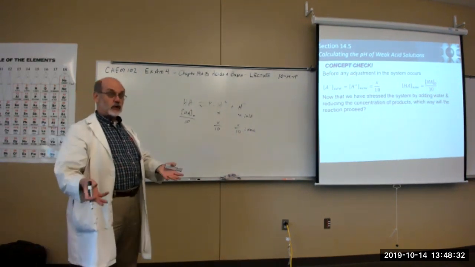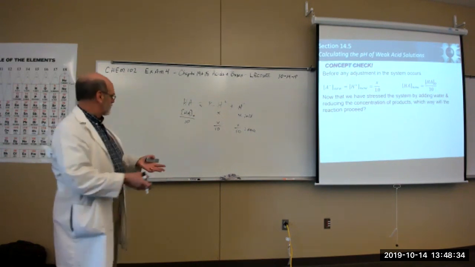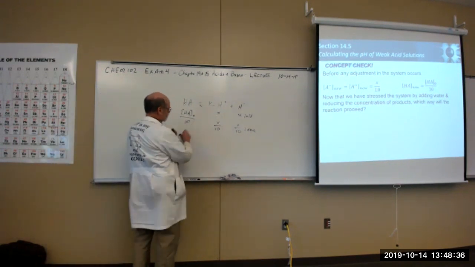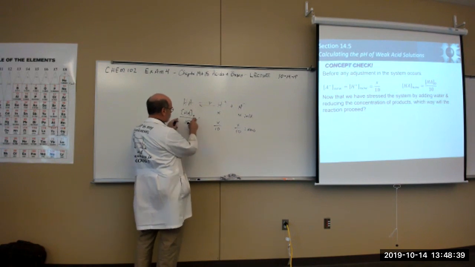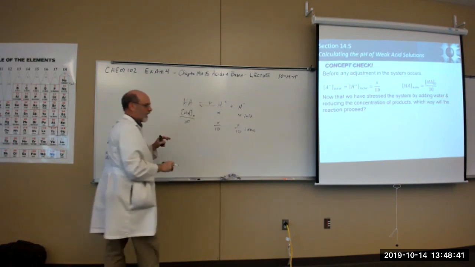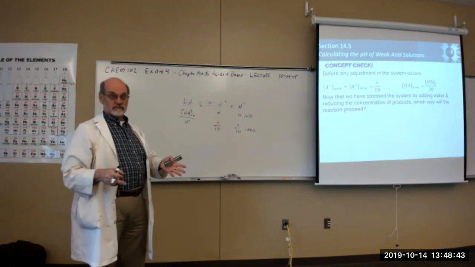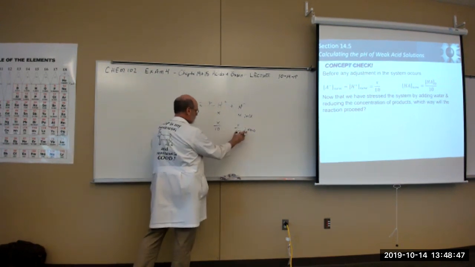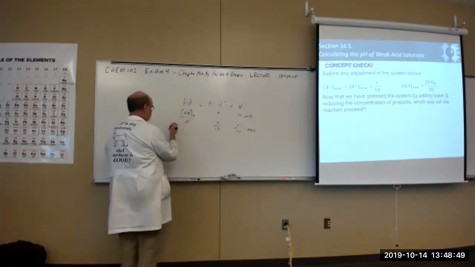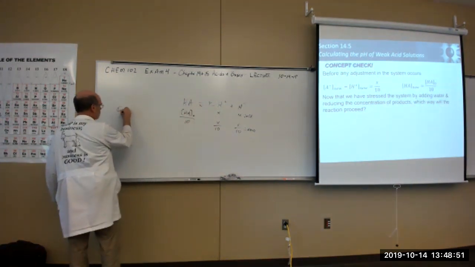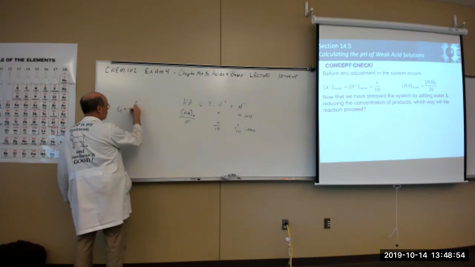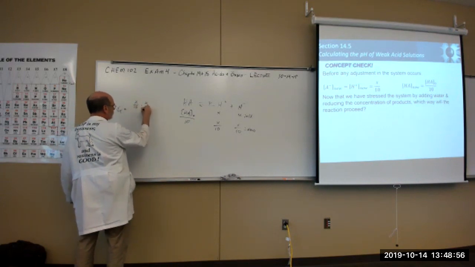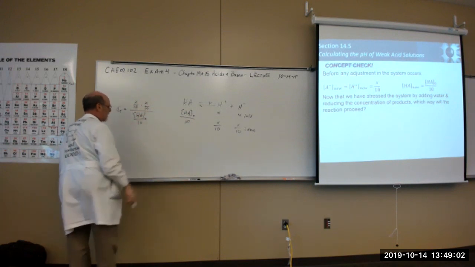We have to calculate Q. So if these are the new starting positions, right? Q doesn't have to be equilibrium, right? These are the new values. So it's going to be this one times that one divided by this one. Like that.